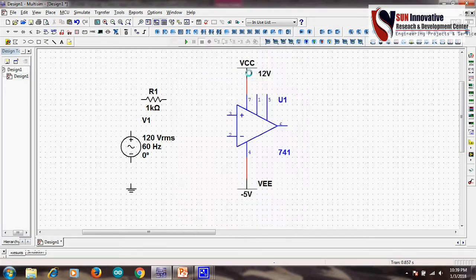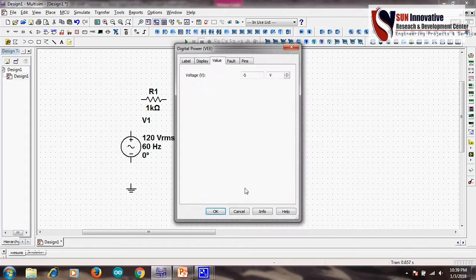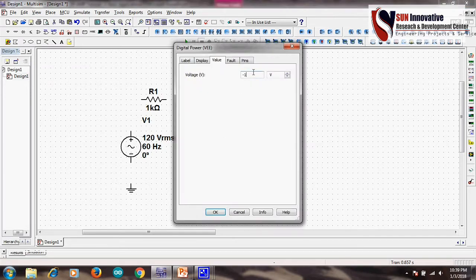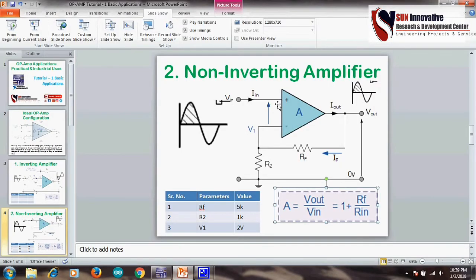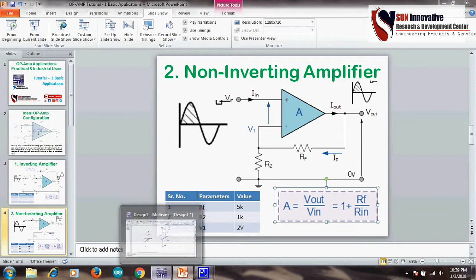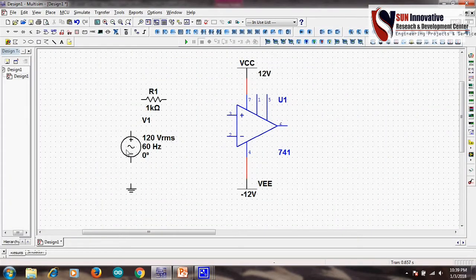This voltage is 12 volts as we discussed earlier. Now remember the connection. Positive is connected to the input voltage, the feedback resistance goes to the negative terminal, and the R2 resistance is grounded. So we will make that connection here.